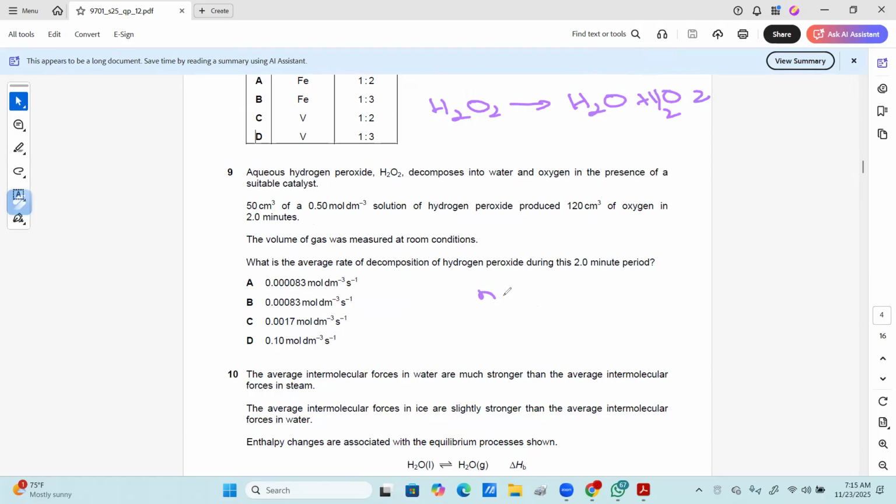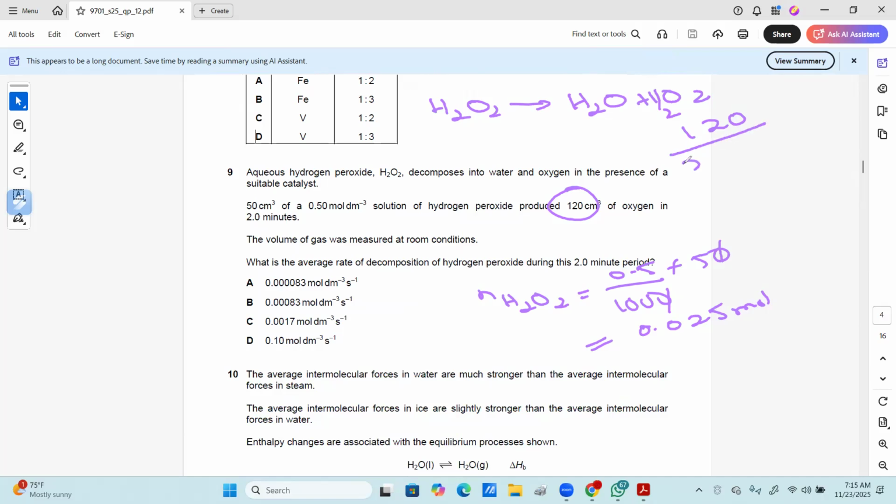So children, first we can find the moles of hydrogen peroxide. In 1000, we have 0.5, into 50. Then you get 0.025 moles. Then they have given the volume of oxygen as 120. So we can find the moles of oxygen if you divide it by the molar volume.